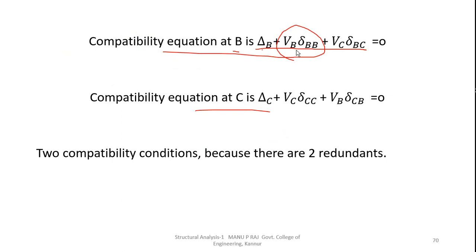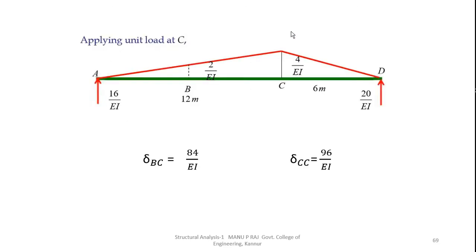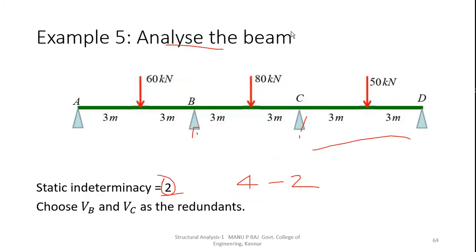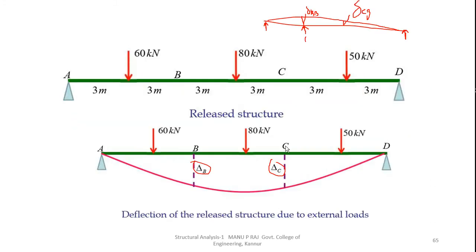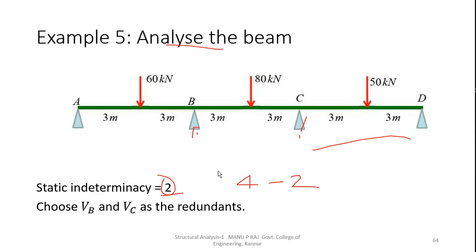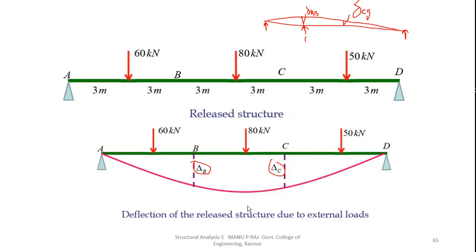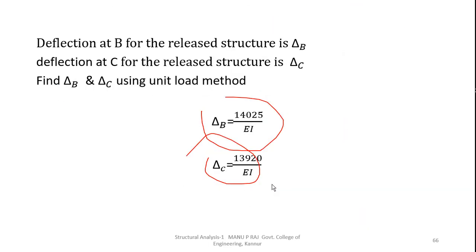VB into delta BB means deflection at B due to this load VB. For this structure we are considering VB and VC. VB and VC are the redundants. I will again draw.